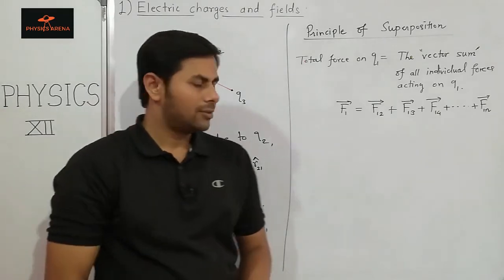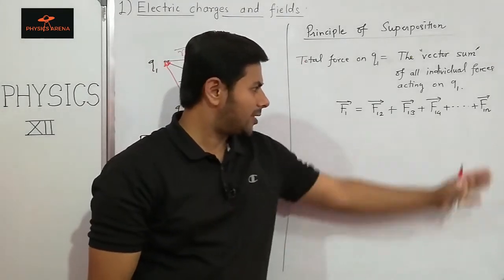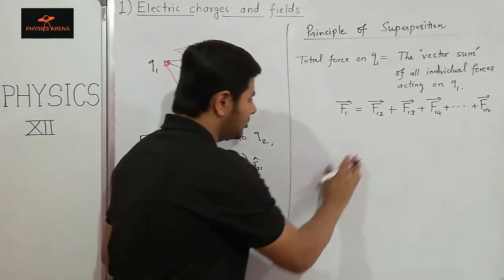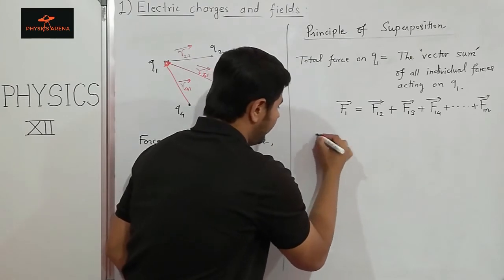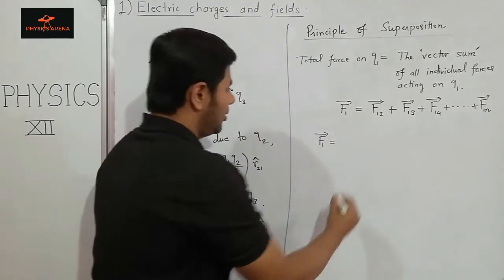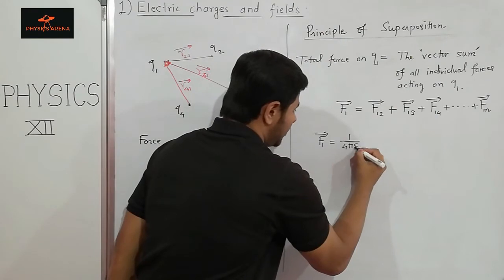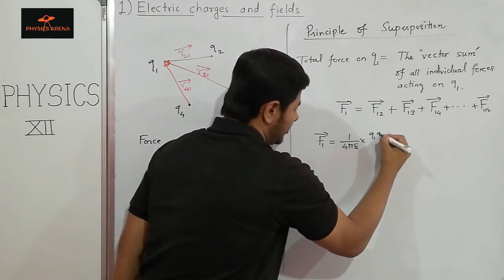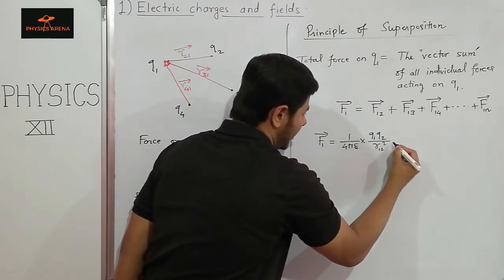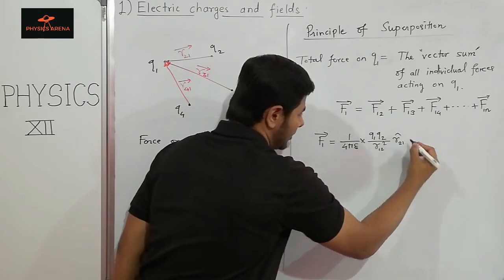Okay. Now let us write formulae for all those forces. So I can write F1 bar is equal to 1 over 4 pi epsilon naught multiplied by Q1 Q2 upon R12 squared into R21 cap.